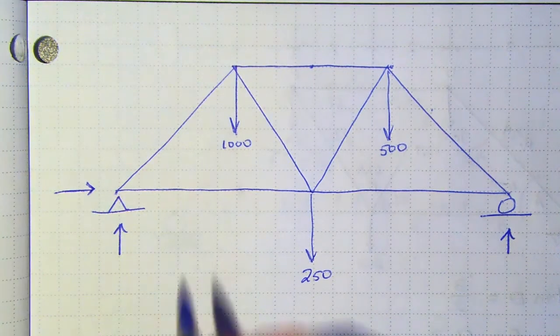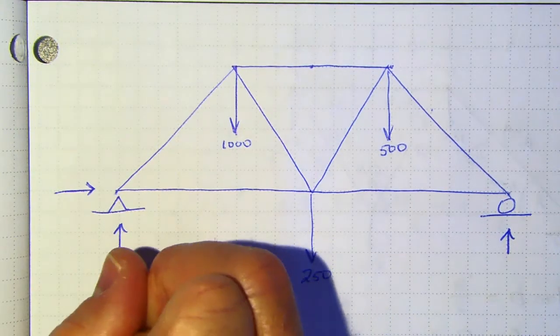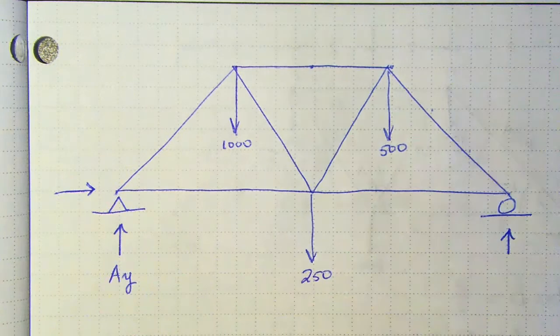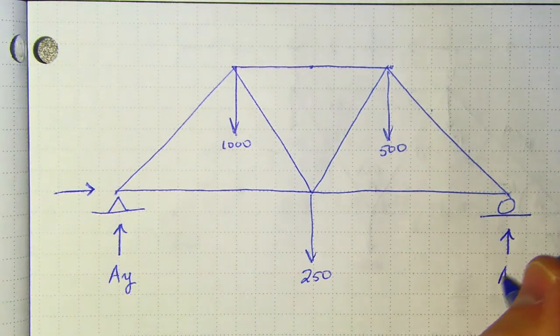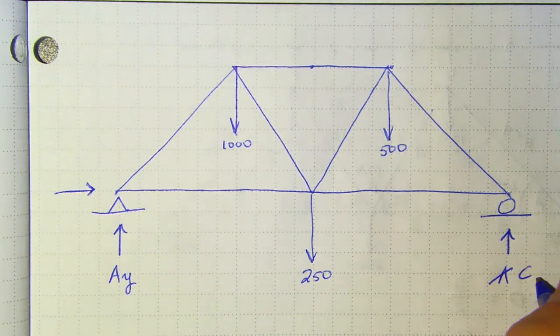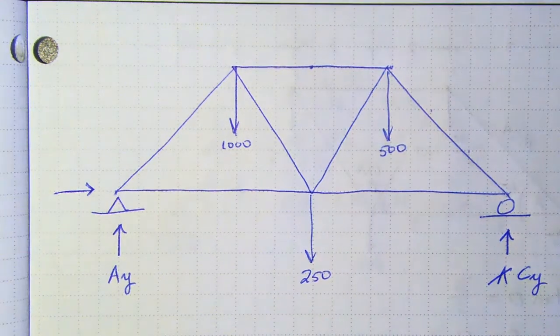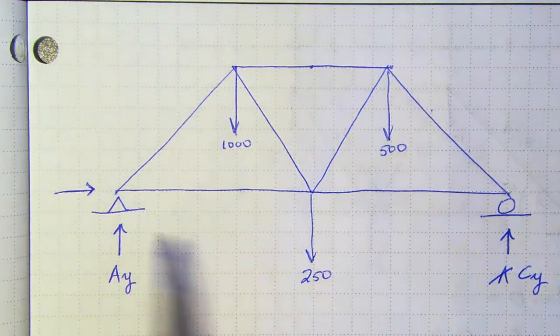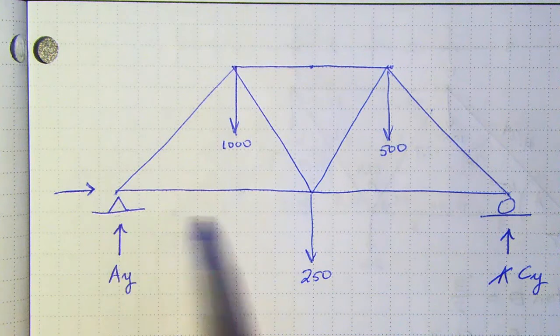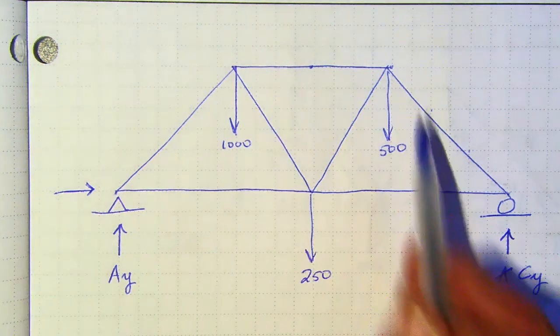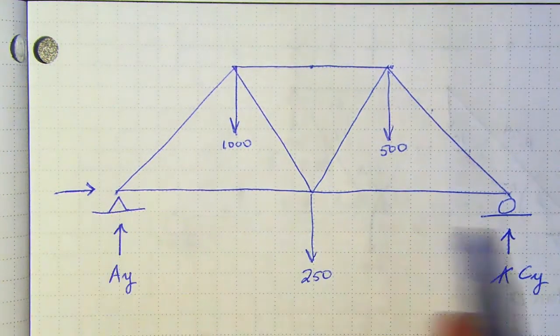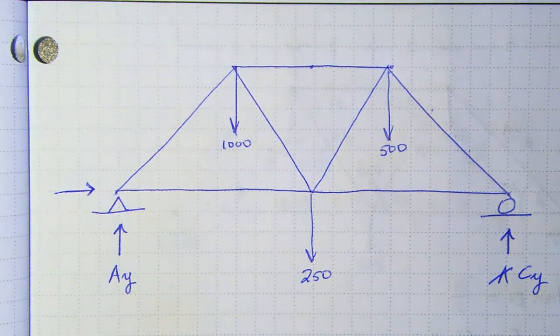Right now, I want this to be A sub Y, that's unknown. And then I want this to be C sub Y, that's unknown. And the reason this is A and this is C is because they labeled these A, B, C, D, E, or something like that. But anyway, it's A and C on these particular supports.